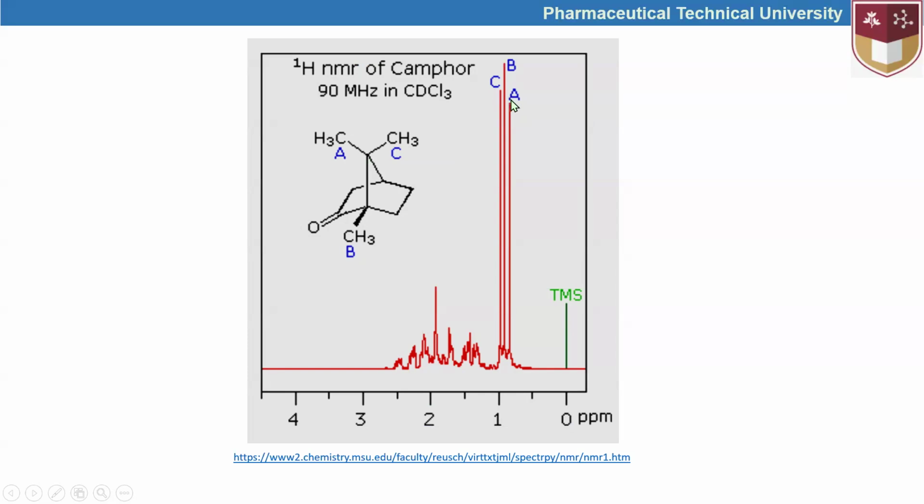So A and C are singlet signals, not doublet or triplet, and therefore B is also a singlet signal because it's also linked to a carbon that has the linkage with carbons only.